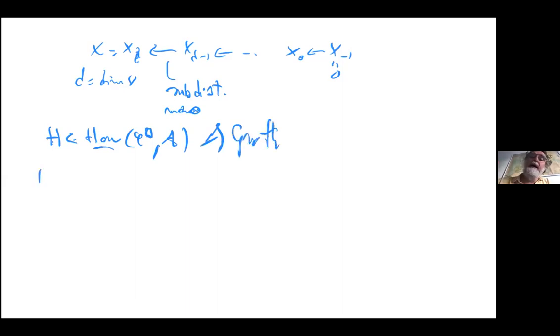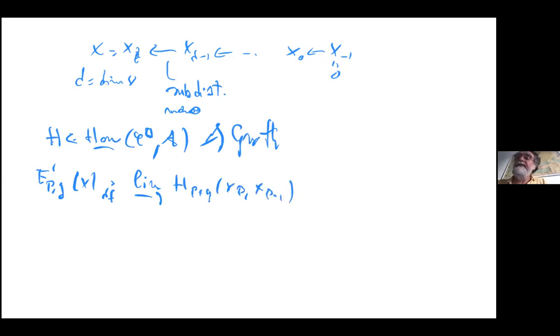then we have a spectral sequence, which is just the Niveau spectral sequence, given by the limit over the filtration of H_{p+q}(x_p, x_{p-1}), where the limit is taken over all the filtrations, and it converges to H_{p+q}(x).